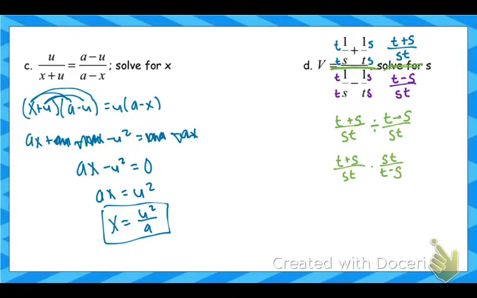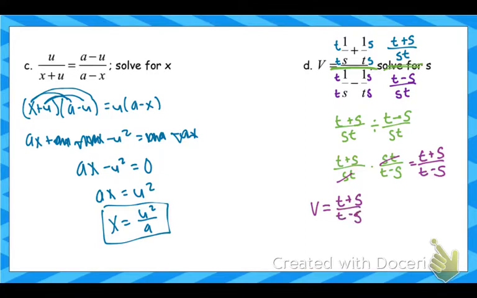And if I do that, you'll notice st cancels out. So everything that we had on this whole right side simplifies to just t plus s over t minus s. So v is equal to t plus s over t minus s.